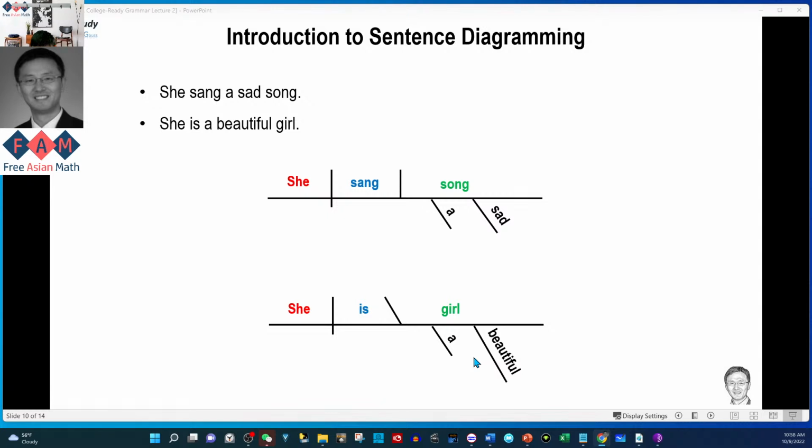The point about sentence diagramming is that every word, but not including punctuation, is accounted for. You will see that two different sentences could have the same sentence diagram because they have different punctuation, but a sentence diagram cannot take care of punctuation.